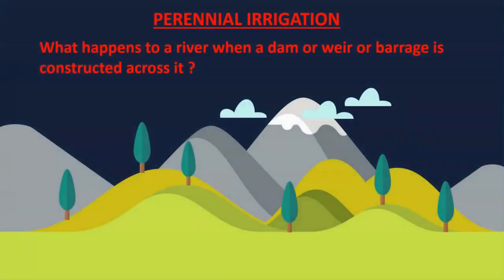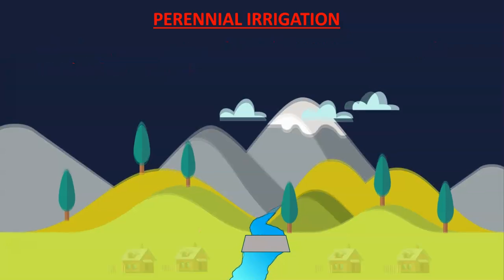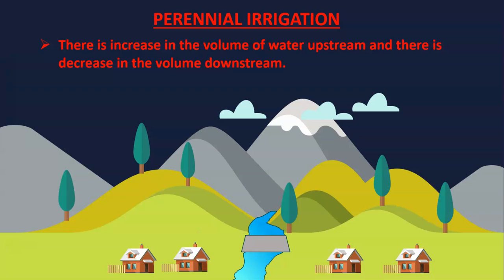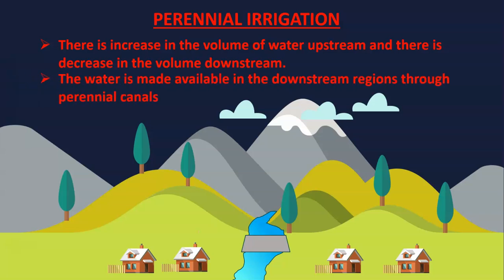Now, perennial irrigation. What happens to a river when a dam or weir or barrage is constructed across it? So there's a river in the landscape. Yes, we made a weir or dam or barrage across the river. So what happened? There is an increase in the volume of water upstream and there is a decrease in the volume downstream.